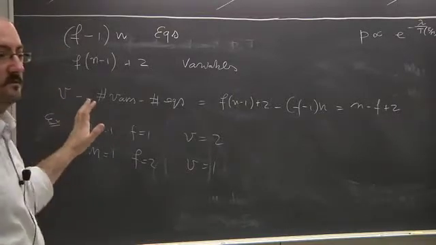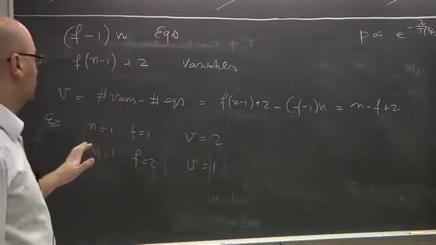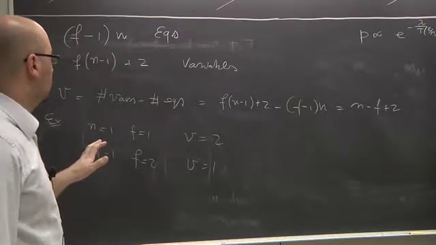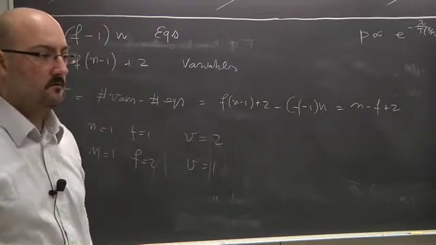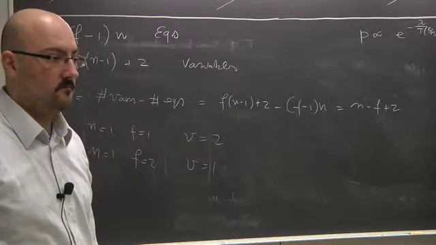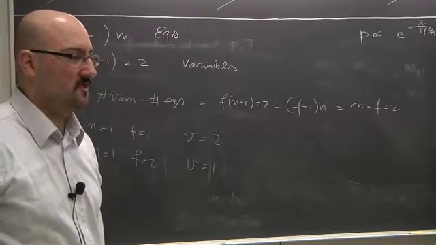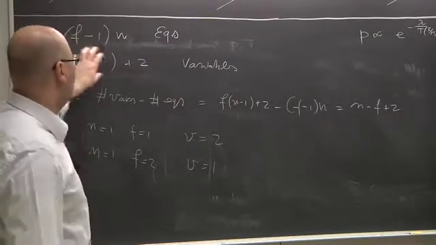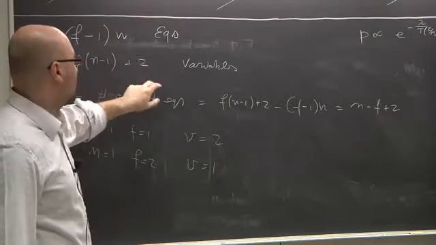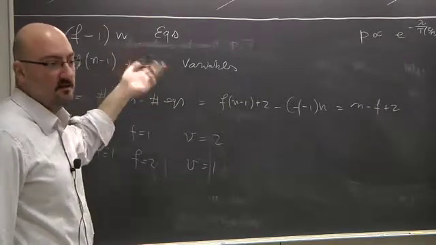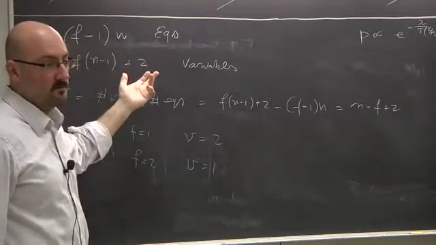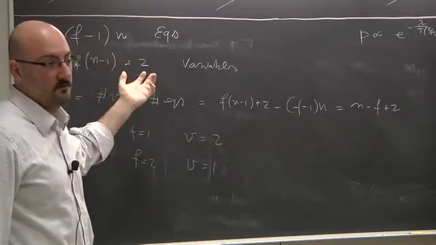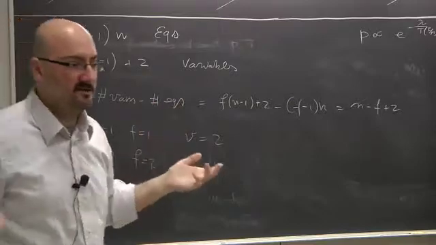You can say f equals n minus 1 plus 2. No, I mean, this can be equal to any number you want, but you don't add here. Just 2 variables, because you only have pressure and temperature. You cannot define other things.